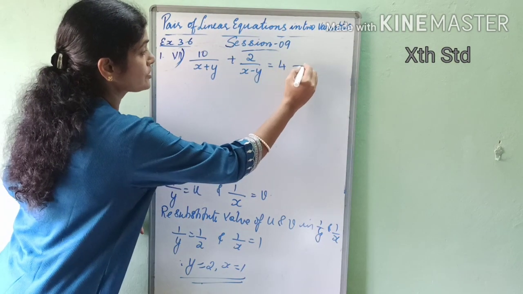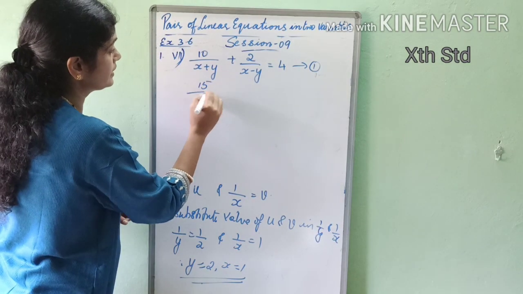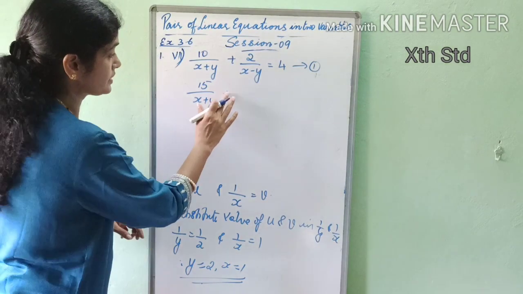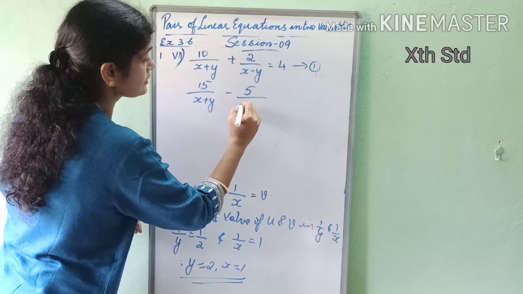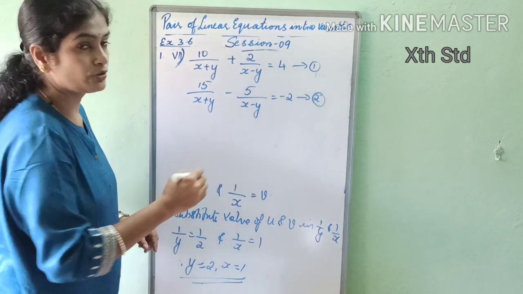This is the first equation. The second one is 15 by x plus y minus 5 by x minus y equal to minus 2. This is equation 2.